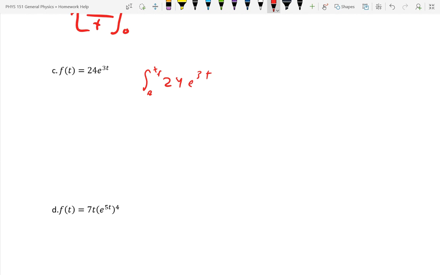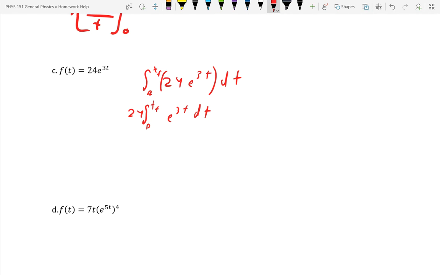Then I'm going to move the constant out. You forgot something in that line. Right. Parentheses and DT. Didn't need parentheses because there's no plus or minus, but you needed DT. All right. 0 to TF of e to the 3t dt.